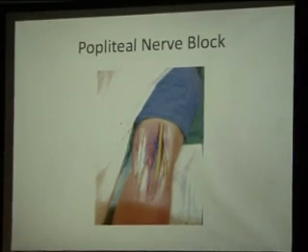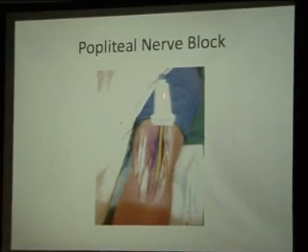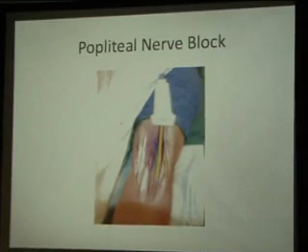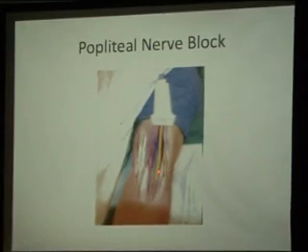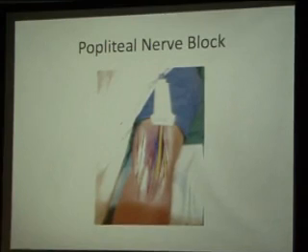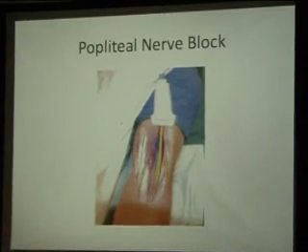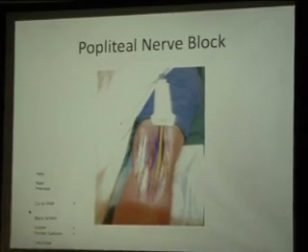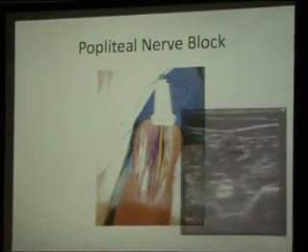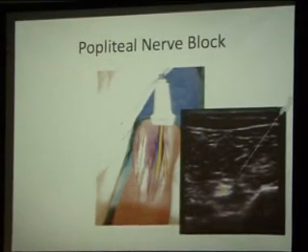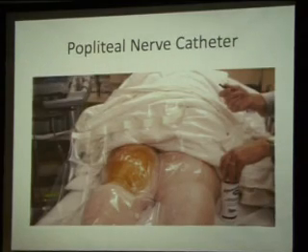You can visualize the nerve above its bifurcation, at the level of bifurcation, and below the bifurcation, and block the nerves, either the components individually or at the bifurcation, which is the newer way of doing it to get a faster onset block or to block it more proximally. Again, you're going to see the nerve as a hyperechoic structure. You bring your needle right next to the nerve and you inject your local anesthetic solution.